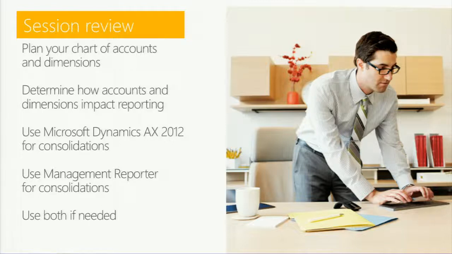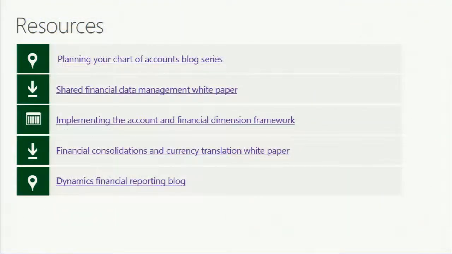A lot of times we're hearing from customers that some companies are on AX 2009, some on 2012 R2, some on 2012 CU8, and so forth. And all of that information can be brought up into a consolidated total or consolidated view. From a resource perspective, this PowerPoint deck along with the links will be available in Virtual Convergence so you can get to this information.